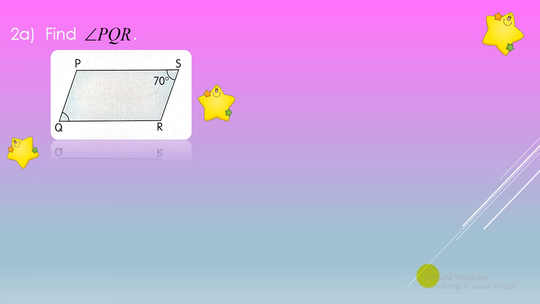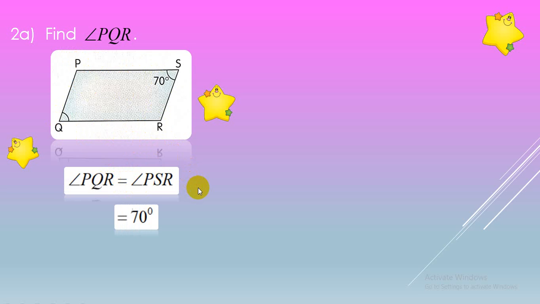We know that angle RSP is 70 degrees. Right? Remember, the opposite angles in a parallelogram are equal. Angle PQR and PSR are opposite. So angle PQR equals angle PSR. So it means angle PQR equals 70 degrees. Is it right?